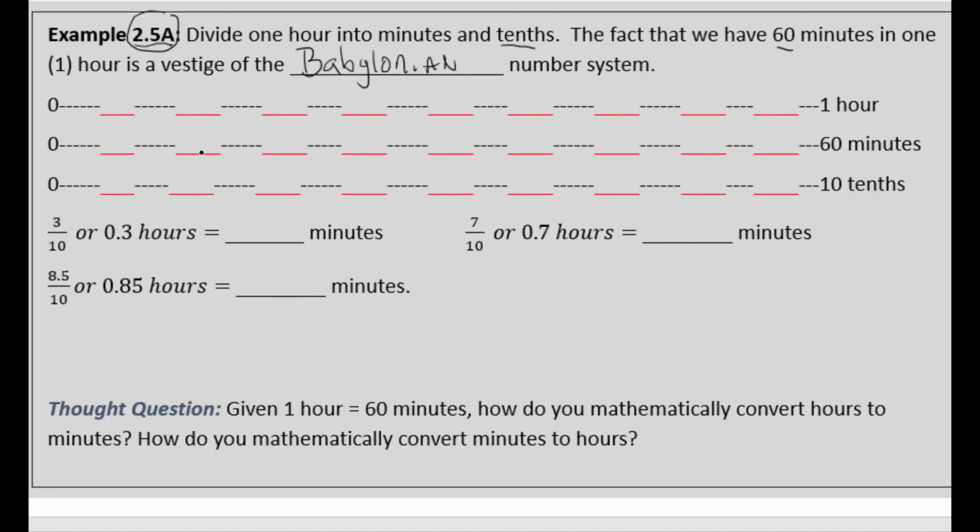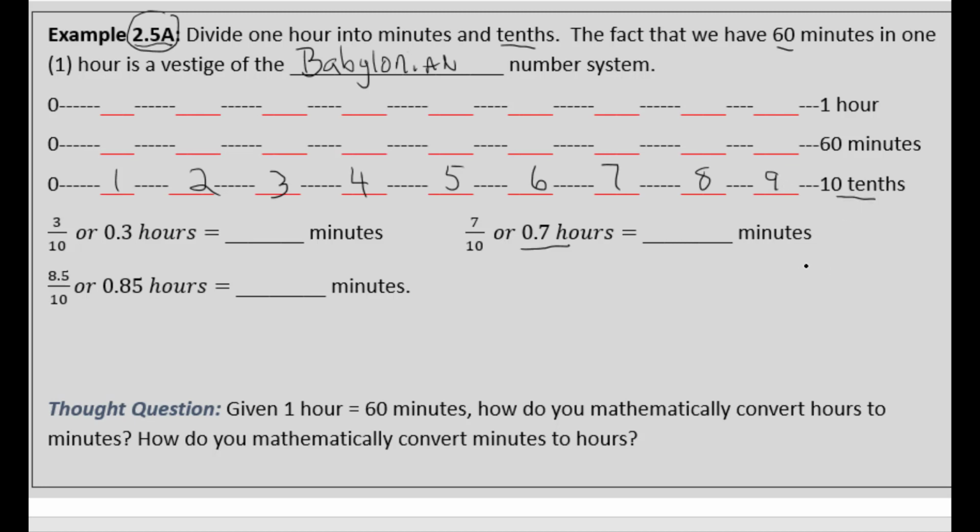So these are going to bring in decimals ahead of time, so don't worry about it that much. A lot of students get this messed up, like 0.7 hours is how many minutes, right? So these are tenths, so I'm just going to put in 1, 2, 3, 4, 5, 6, 7, 8, 9, 10 tenths.